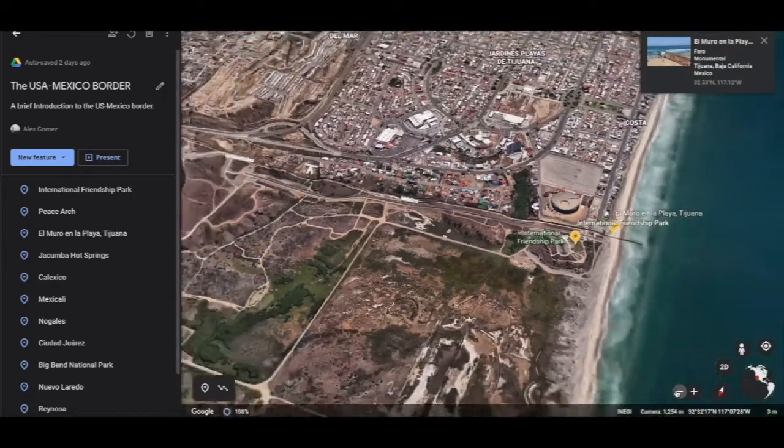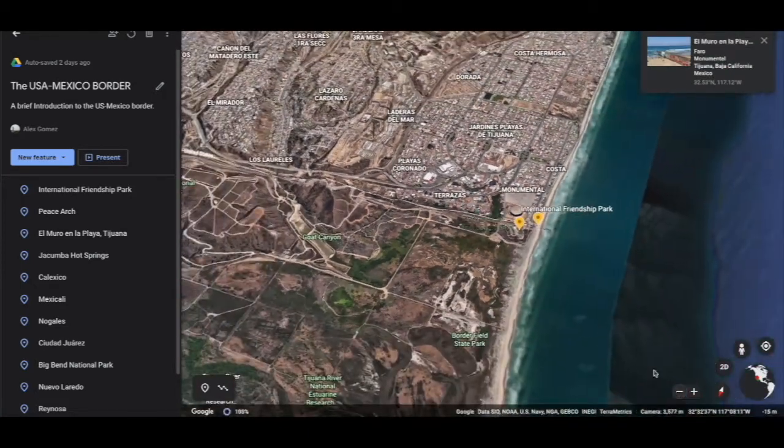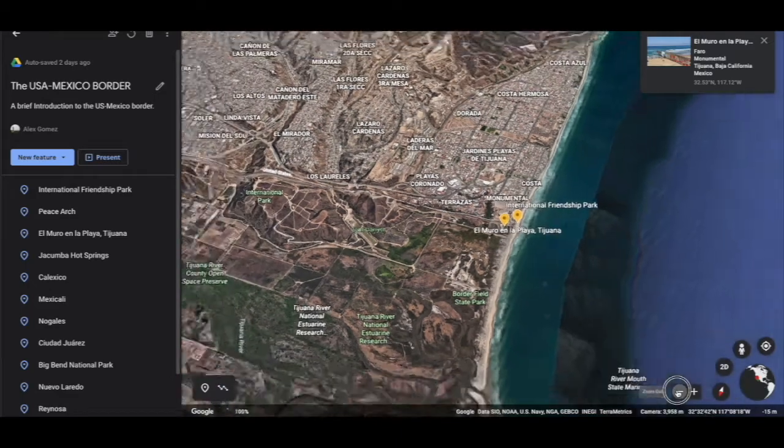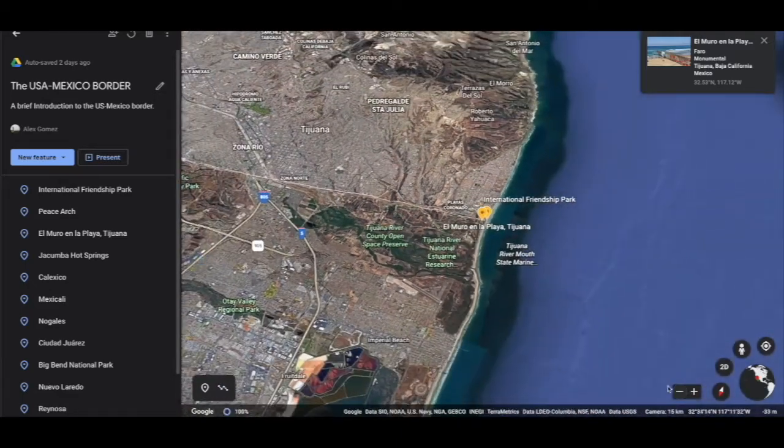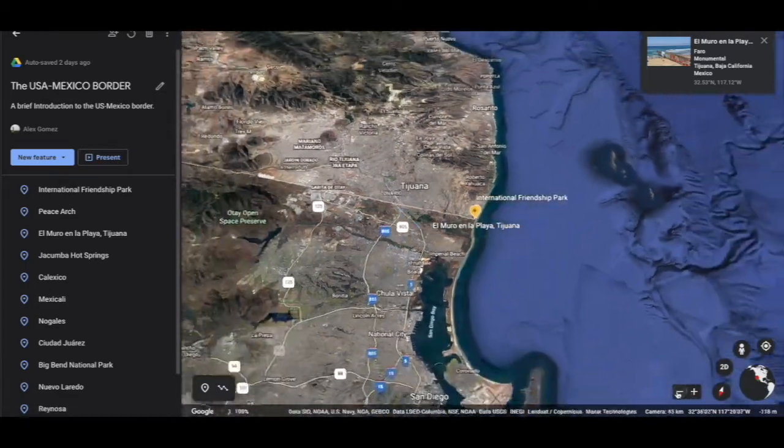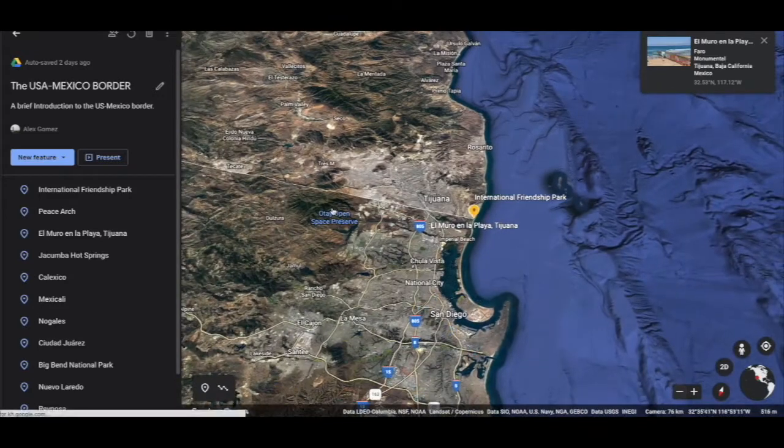The border operation was intended to stop the massive flow of undocumented people coming across right here, and it resulted in migrants being pushed into the mountains and the deserts, and they were dying because in the summer it's really hot, extreme heat kills them, and in the winter the temperatures are also cold, and a lot of them were dying of hypothermia.